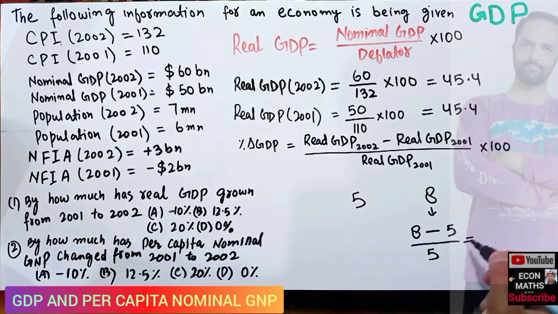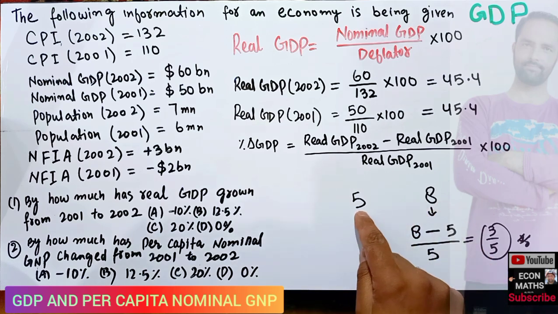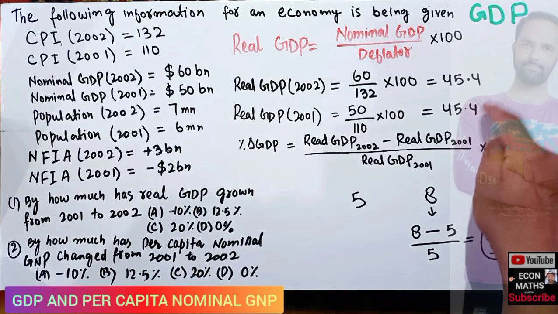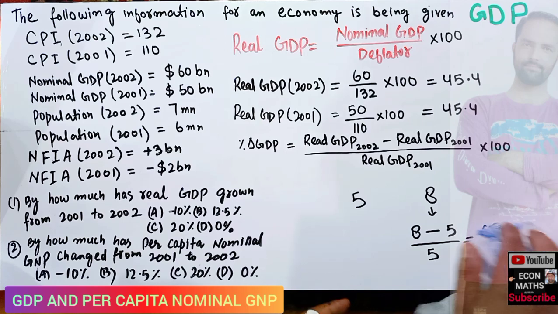This will give us the growth rate from 5 to 8. So 8 minus 5 is 3 upon 5. When you calculate, it will be in percentages. So the simple thing, we write final value minus initial value divided by initial value. So final value was 45.4, initial was 45.4, and divided by the initial value.